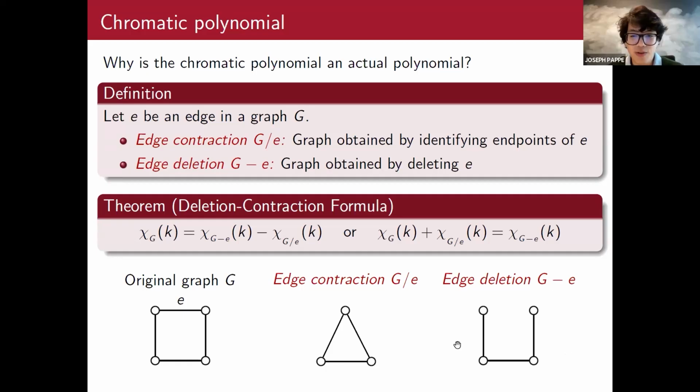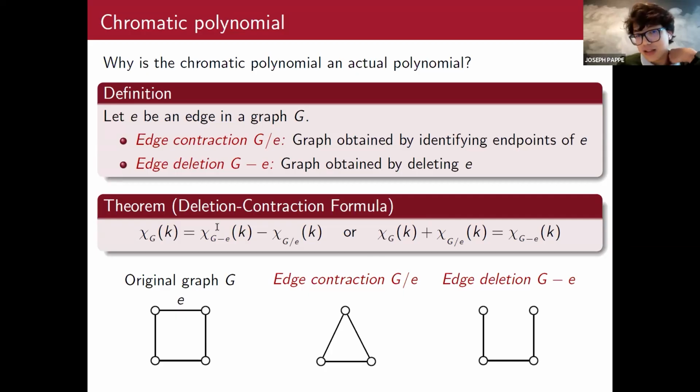So this is somehow overcounting the number of proper colorings, but it's only overcounting when these two vertices have the same color. So how do I deal with that? Well, I can just identify them together into the same vertex. And by identifying them together, this is precisely when they have the same color. So this is why this formula holds.